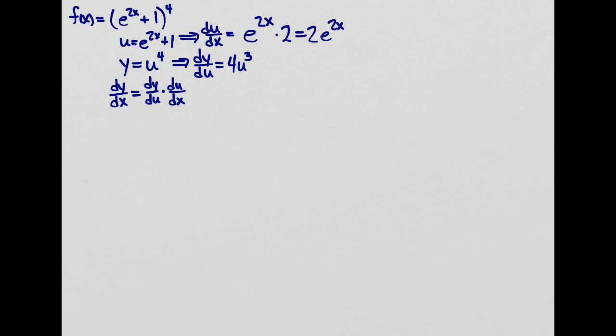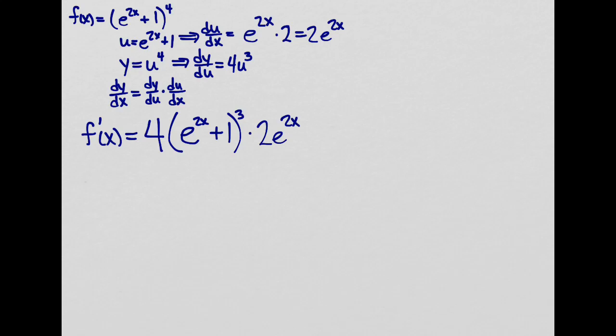So when I combine these pieces, my derivative f prime of x is going to be 4u cubed, so it's 4 times e to the 2x plus 1, plus 1 is not part of the exponent, to the 3rd power, times 2e to the 2x.